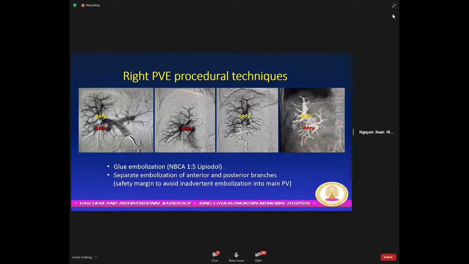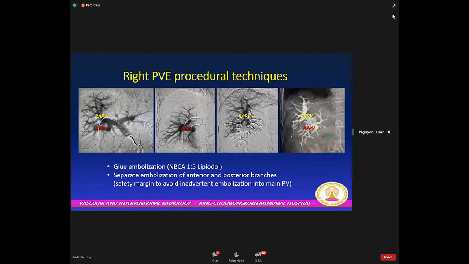My routine technique in case with conventional anatomy includes access from the right anterior branch, first embolization of the right posterior branch, subsequently select into right anterior branch and perform embolization. By separate embolization of each branch, we avoid inadvertent embolization of embolic material into the main portal vein.